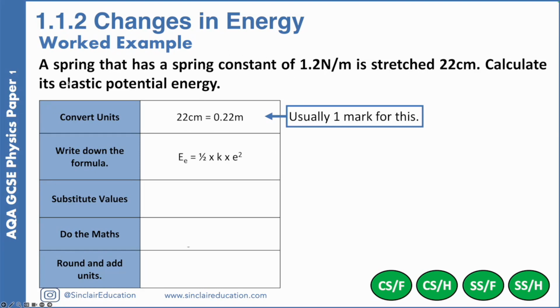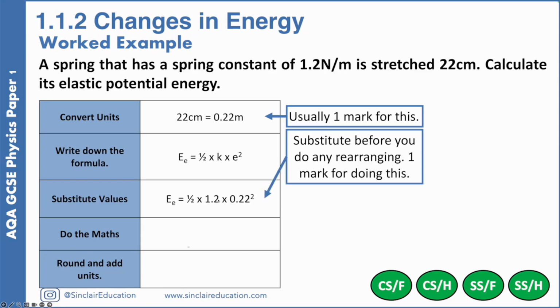So if we're needing to find elastic potential energy, well, that equals half times spring constant times extension squared. At that point, we'll then go and substitute, trying to keep everything really logically directly below our previous bit of work. So we've got half times 1.2 times 0.22 squared. Then again, I'll always choose to do that interim step and just show what that is squared, but again, a personal choice.